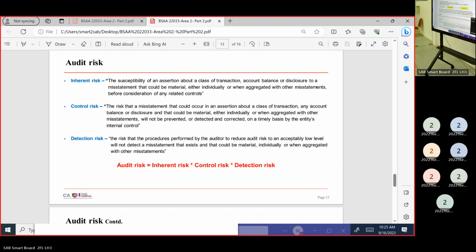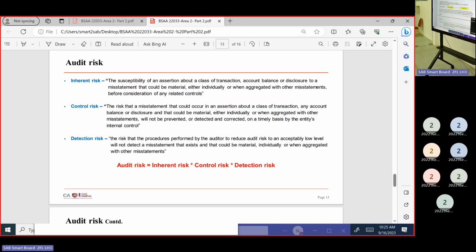Inherent risk higher and lower. Inherent risk higher, control risk, rely on control.